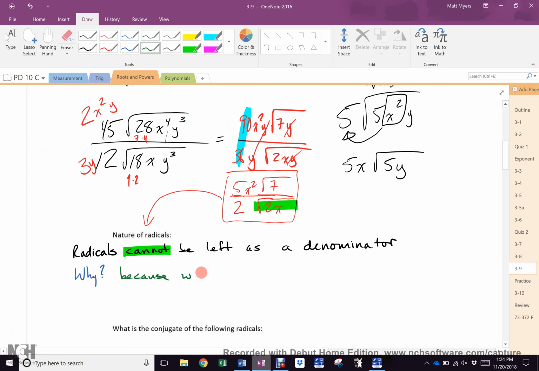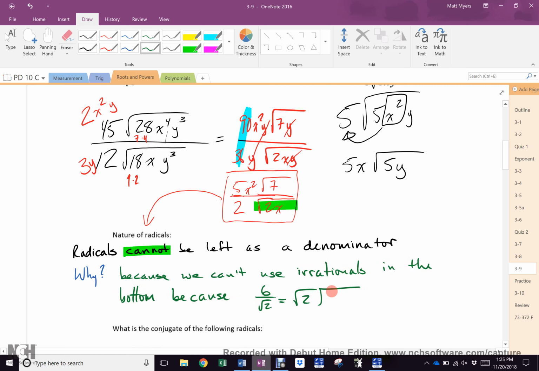Because we can't use irrationals in the bottom. I should have said denominator, because 6 over root 2 equals root 2 into 6.